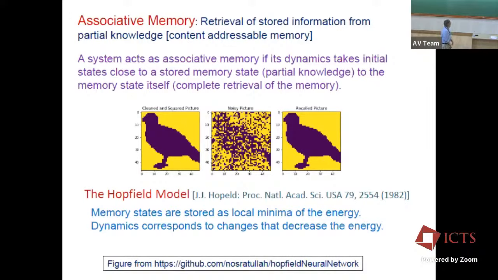And then one thing that I told you in one of the tutorials is this Mattis model.